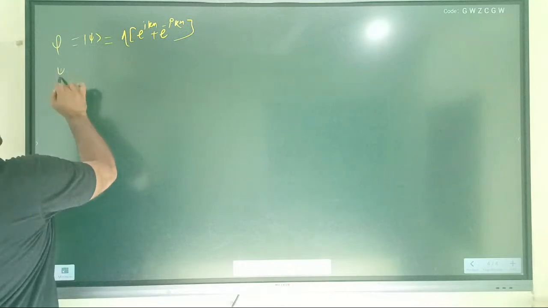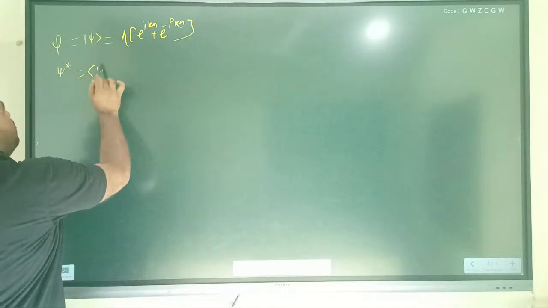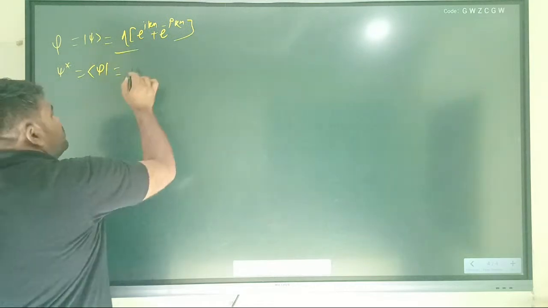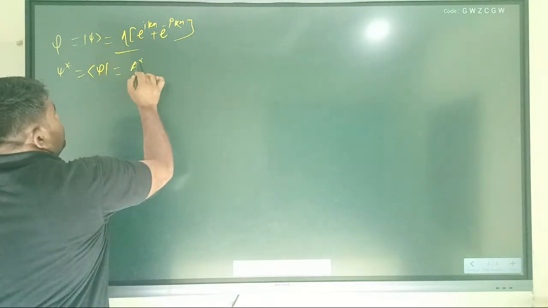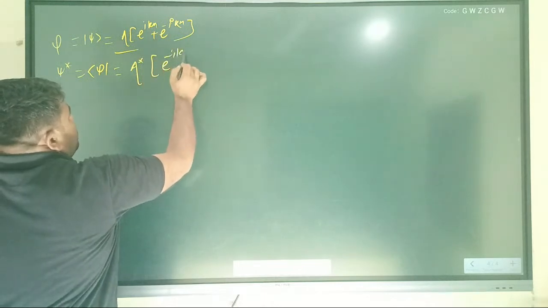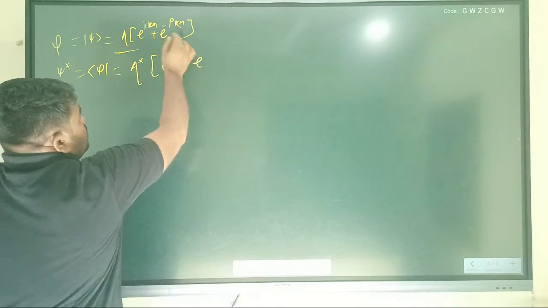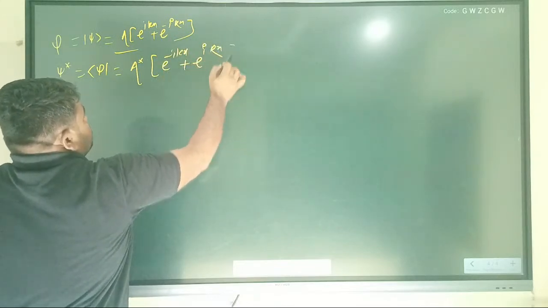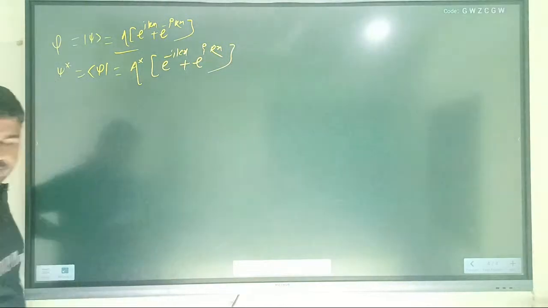Bra psi is equal to how much? Take the complex conjugate of this function, then this becomes a star. First part becomes minus ikx, and the second part जो minus है वो बनेगा plus ikx.